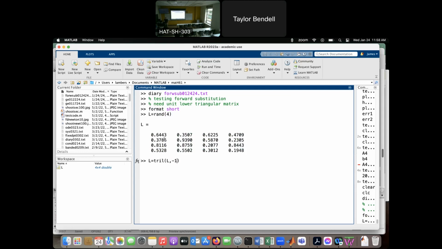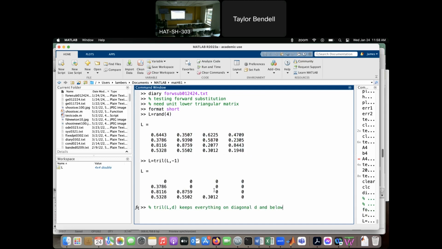Diagonals below the main diagonal are given negative numbers, so diagonal -1, -2, -3. So this command right here is going to give you what I want. It wipes out everything above and including the diagonal, keeps everything below it. So in general, tril(L, D), where D is optional, keeps everything on diagonal D and below it.